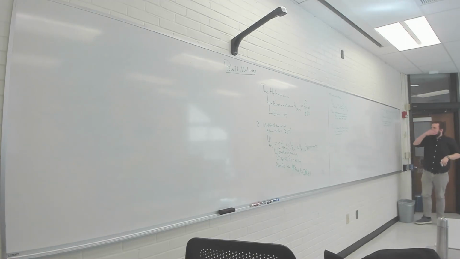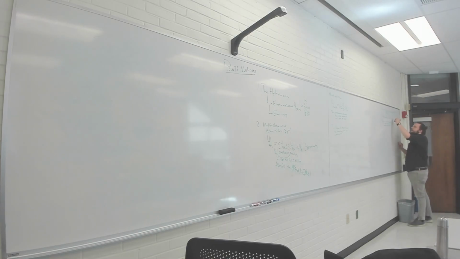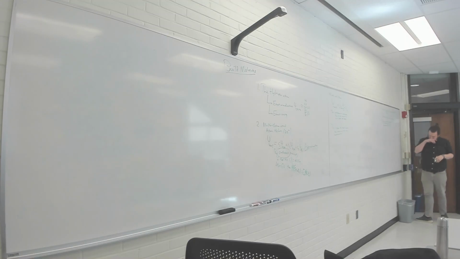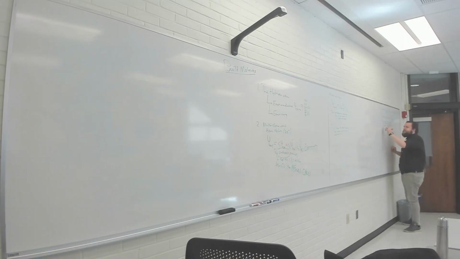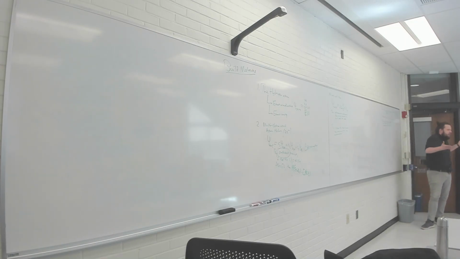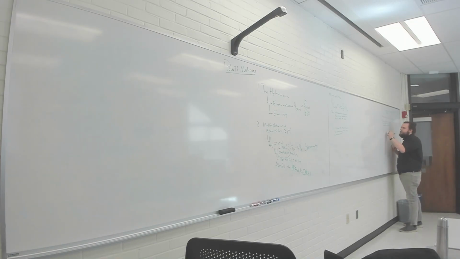So if you have n atoms and m electrons, the wave function for the mth electron in the nth atom is going to be equal to some number of terms. It doesn't matter how many. Let's just do it from i equals 1 to, I don't know, k.